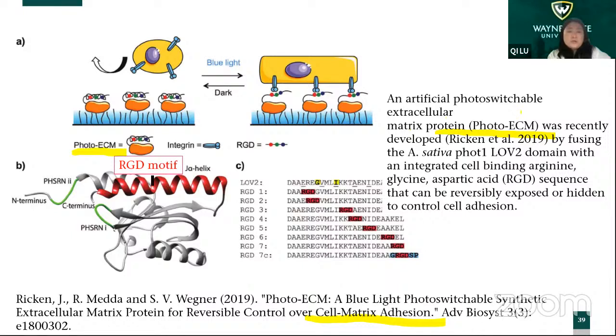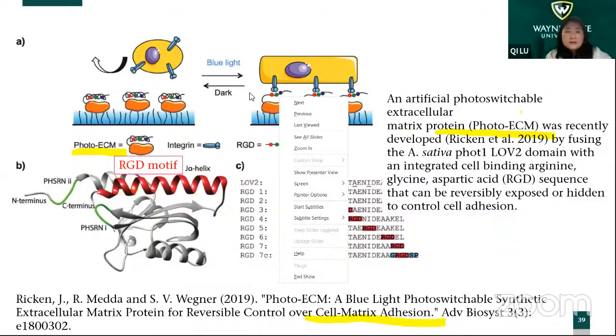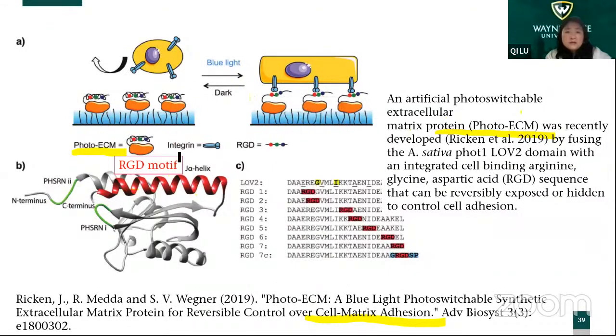The orange part is the LOV domain, and the upper part is the RGD motif. After shining with the light, this motif will be released and combine with the integrin proteins.